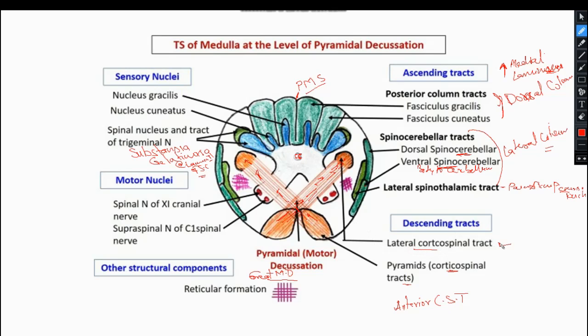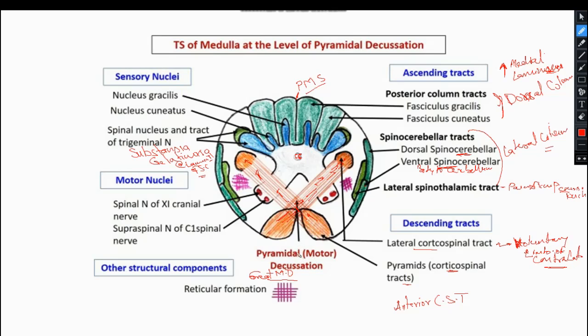This lateral corticospinal tract is responsible for the voluntary movement of the limb of the contralateral side. Because we can see they are moving in this direction, that's why the word contralateral is used.